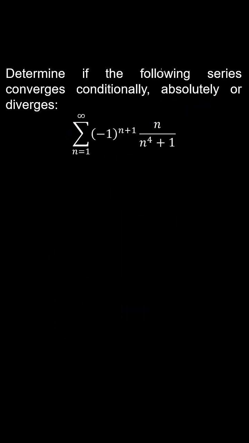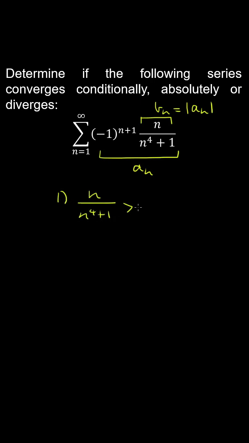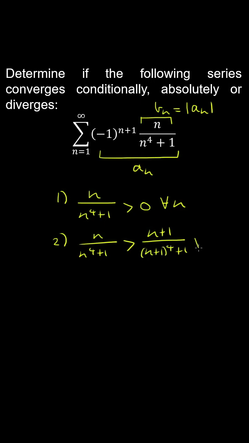Let's determine if the following alternating series converges conditionally, absolutely, or diverges. So we designate these terms in the series as An and these terms as Bn, which is the absolute value of An. Using the alternating series test, we can see that Bn is greater than 0 for all n, and the current terms in the series are greater than the next terms in the series for all n greater than some integer.